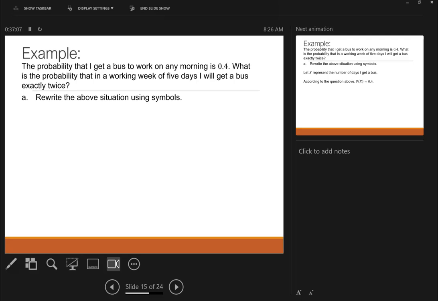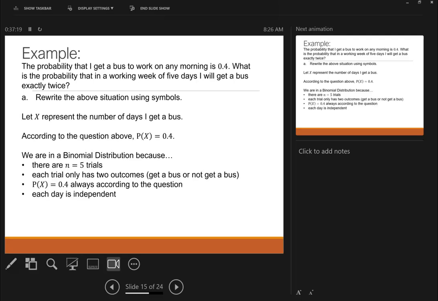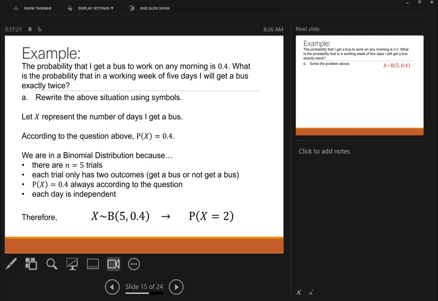Okay. And then, are these independent? If I make the bus on Monday, does that affect me making the bus on Tuesday? Probably not, right? Doesn't seem like it would. So, we can say that x is B(5, 0.4), and we're looking for then the probability that x is equal to 2.